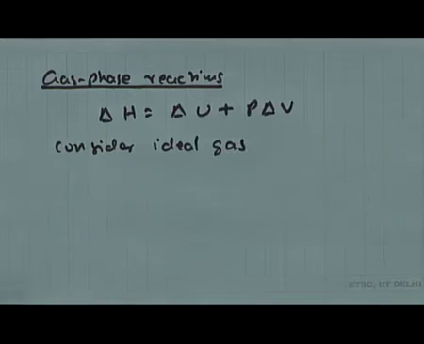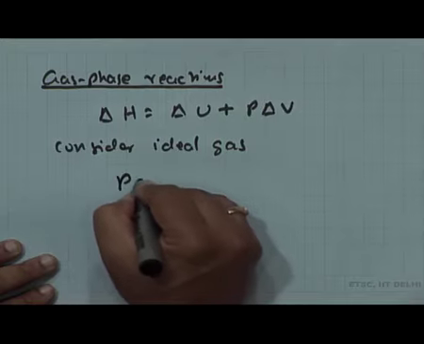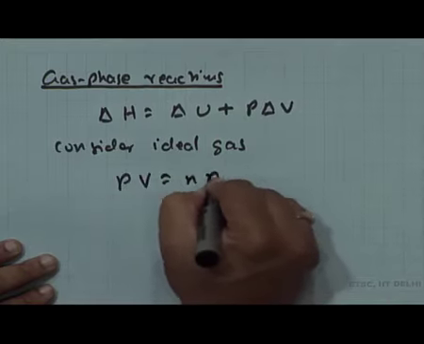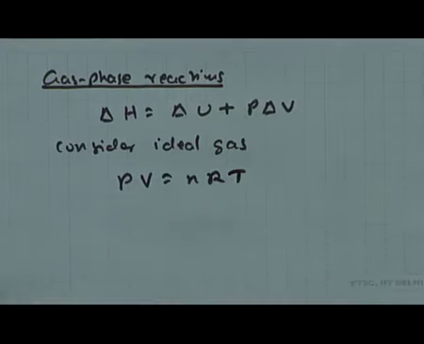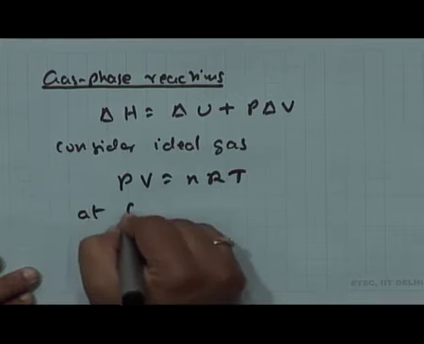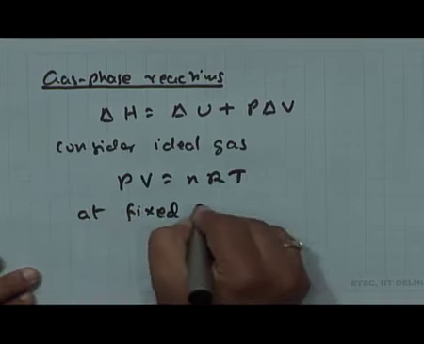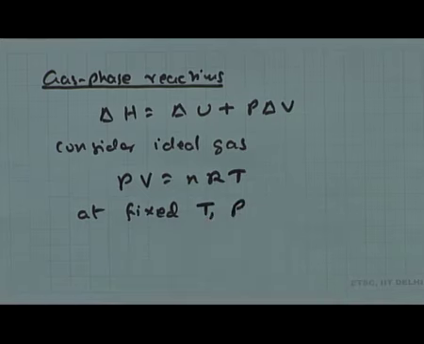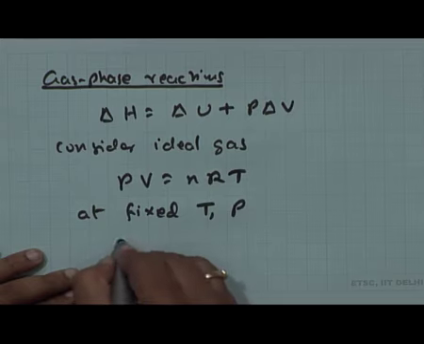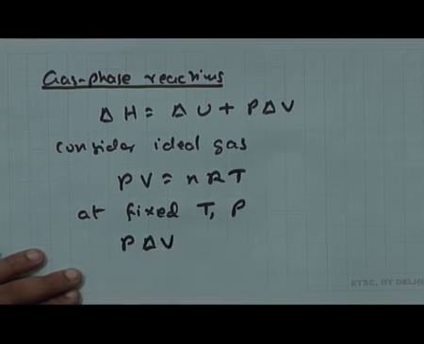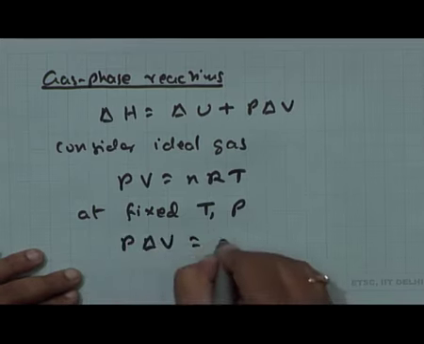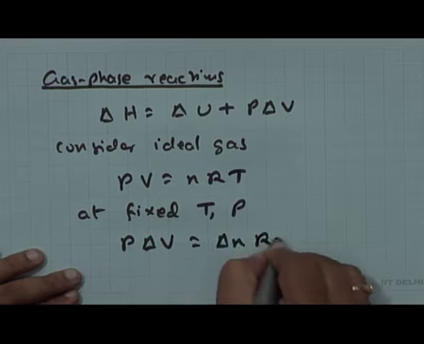Now, starting from the ideal gas equation where PV is equal to nRT, at fixed temperature and pressure, I can write P delta V is equal to delta n RT.